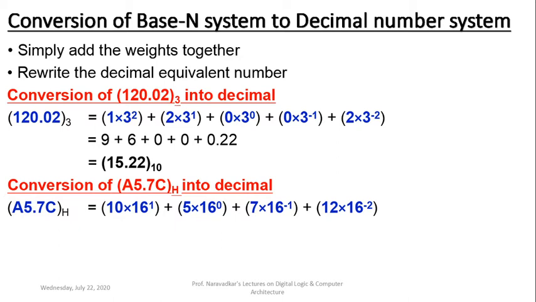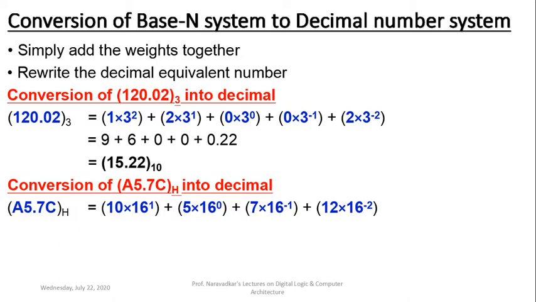So on the right side it is written 10 multiplied by the weight of that A, that is at a position of 16 raised to 1. Then the next digit here is 5. 5 is just adjacent, just to the left side of that hexadecimal point. Its weight would be 16 to the power 0. So the next term will be 5 multiplied by 16 to the power 0, plus.